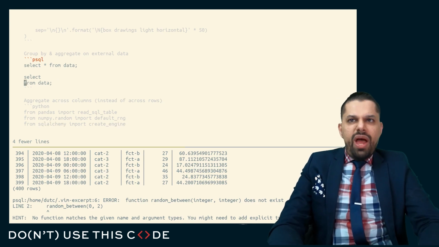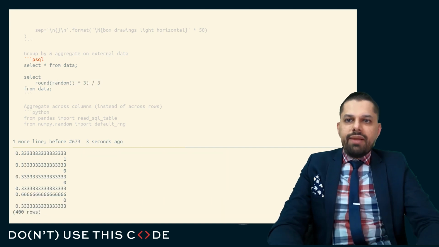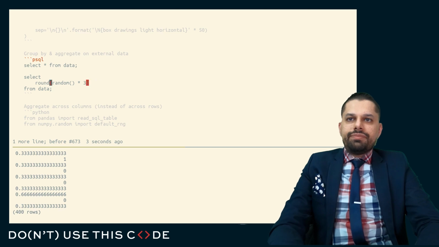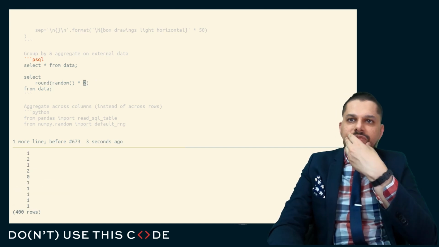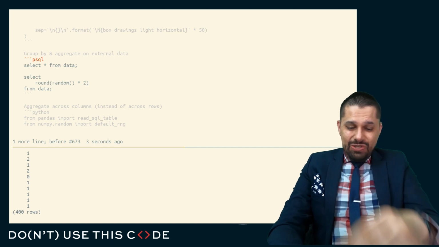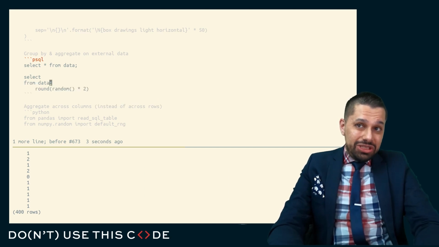Well, we'll just do some rounding here. This is a random number, so we'll do something like this. We'll just round this thing, and then times 3 divided by 3 or some nonsense like that. So we get some value here, and then we get the 0, 1, 2, or 3, or times 2, and that gives you that. And what you could do, see, this is cheating because I can group by that expression.